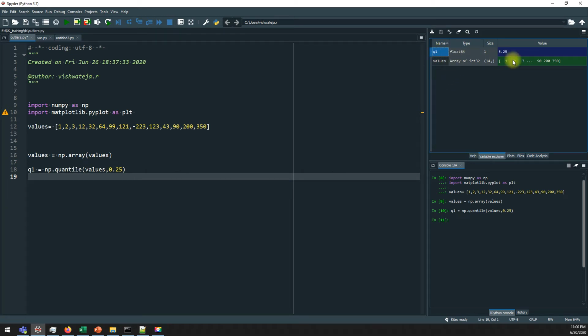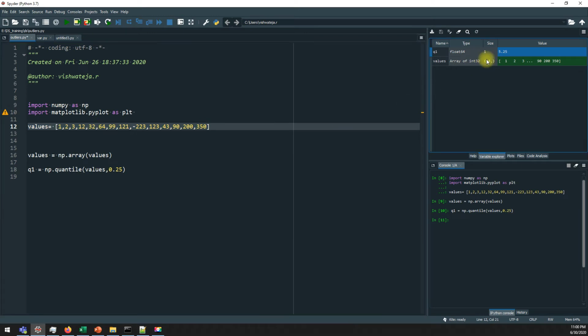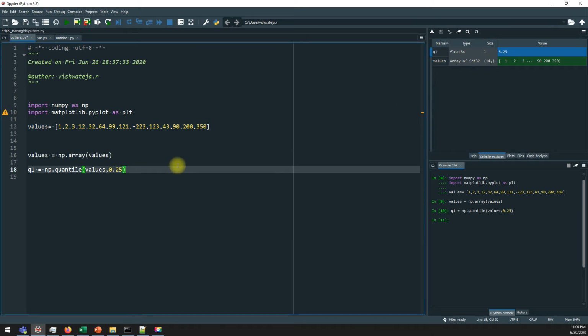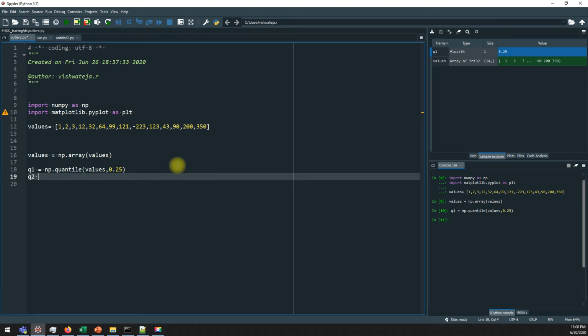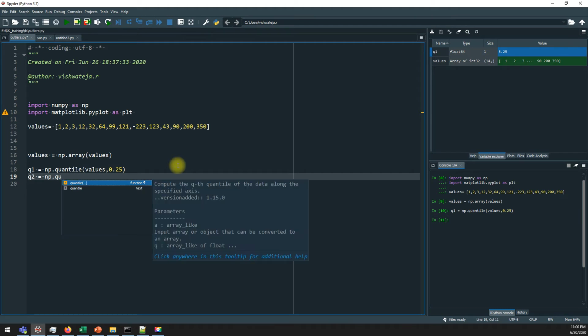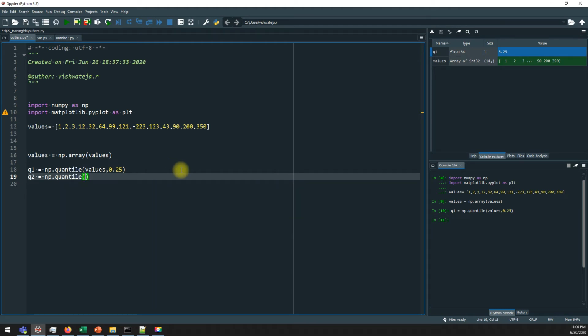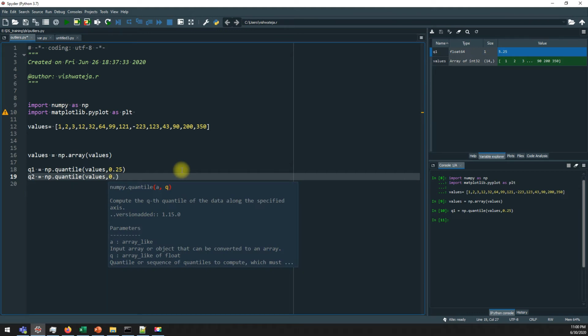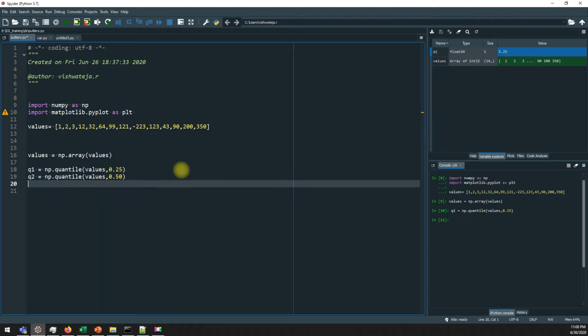If you see here, it is 5.25. For these values, my Q1 is 5.25. Now we'll similarly try to find the Q2. Quantile values, I need to find at Q2, which is nothing but your median, which is a 50th percentile.